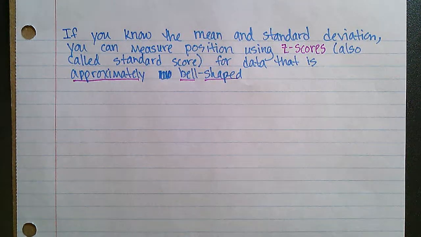The reason for that is because what a z-score does is it takes that idea of having the mean plus 1 standard deviation and the mean plus 2 standard deviations and the mean plus 3 standard deviations and converts the number of standard deviations into the thing called a z-score.